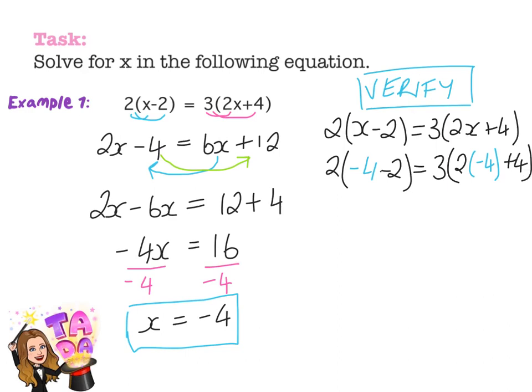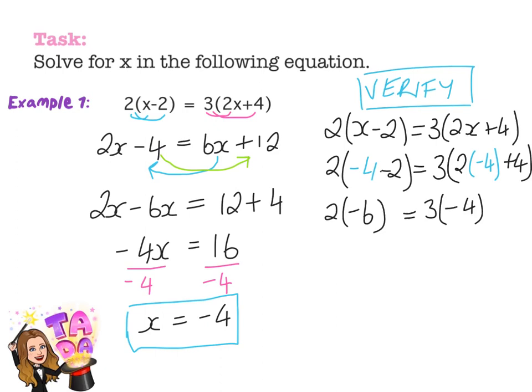Okay, so let's solve our brackets first. So we have 2 times, well, minus 4 minus 2, we keep the sign and add them, so it's minus 6. And that becomes equal to 3 times, well, we've got 2 by minus 4 is minus 8, plus 4 is minus 4.